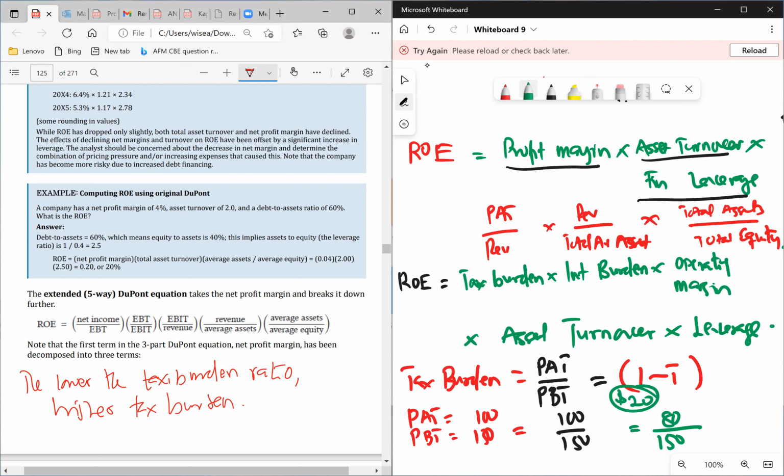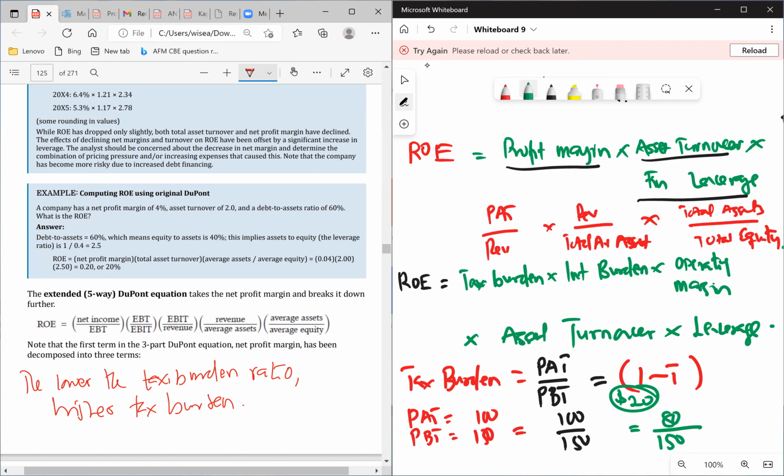So how much of your profit before tax is consumed by tax? The profit before tax is 150. Profit after tax is 100. That means you pay 50 as tax. If your tax increases by $20, your profit after tax will now be 80, but your profit before tax is the same.